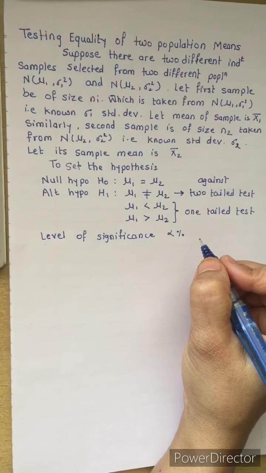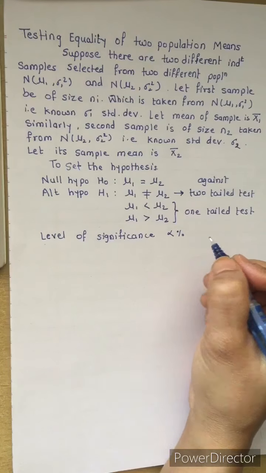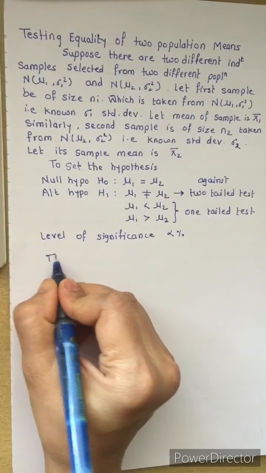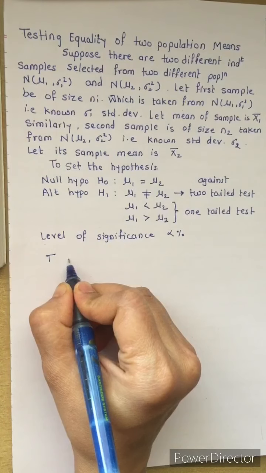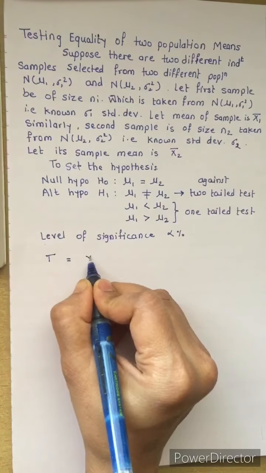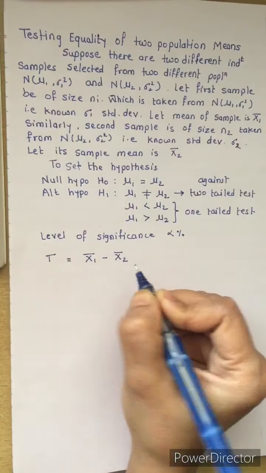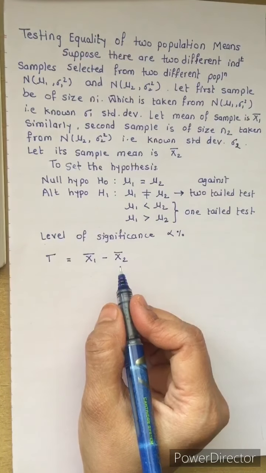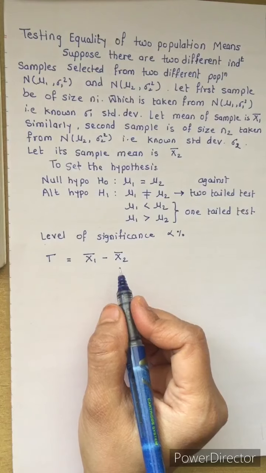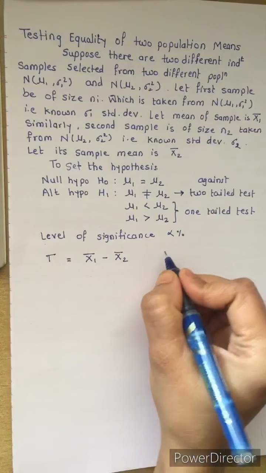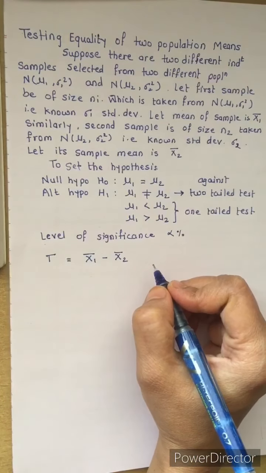Okay. Now we need to decide the test statistic T. We consider the difference of sample means, x1 bar minus x2 bar, as our test statistic. And again we need to apply the Z test.